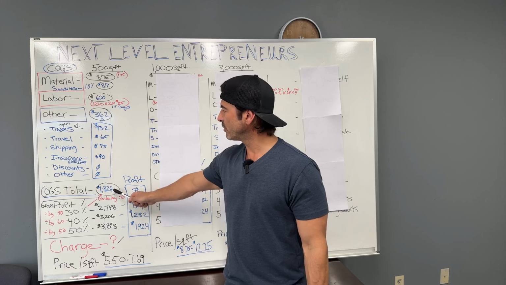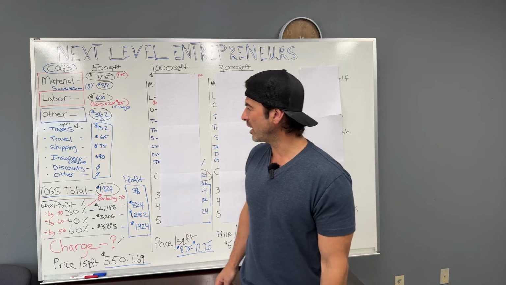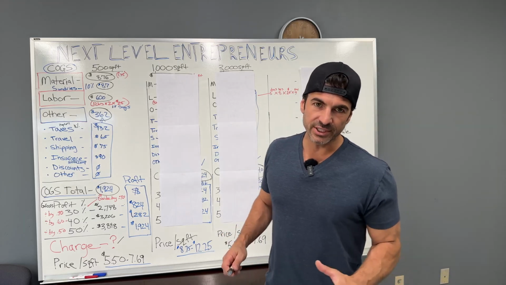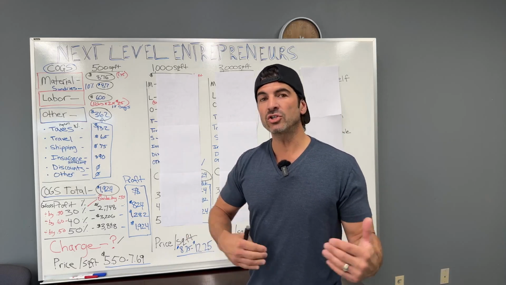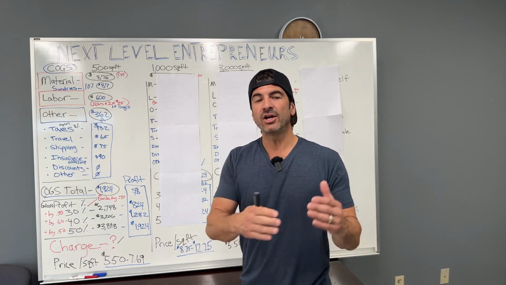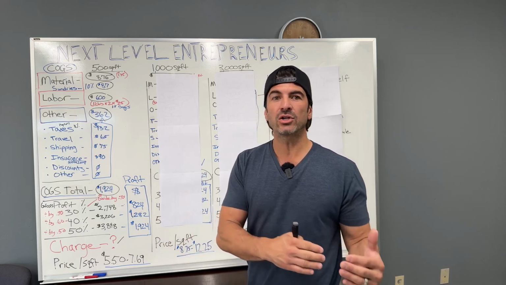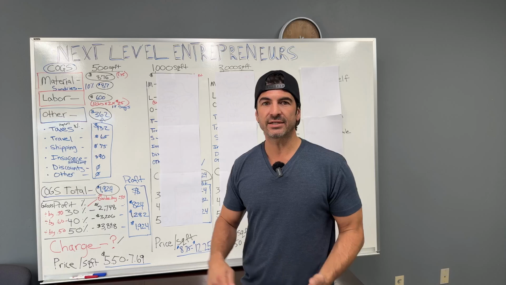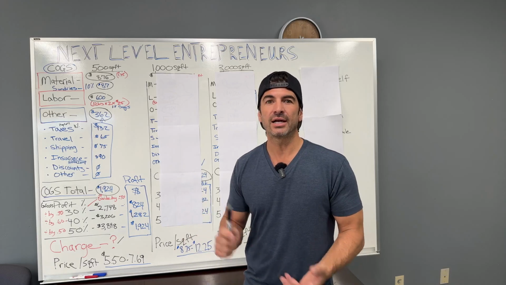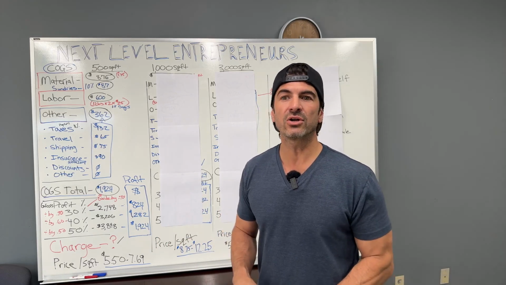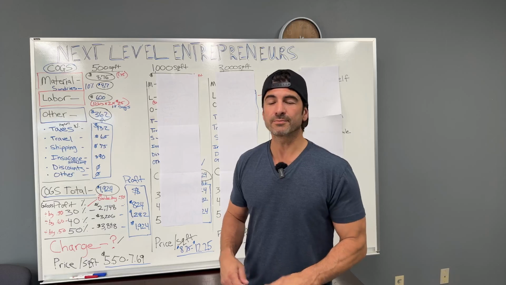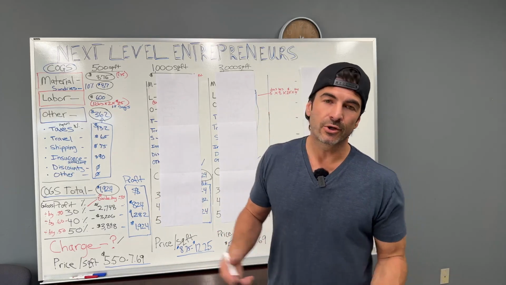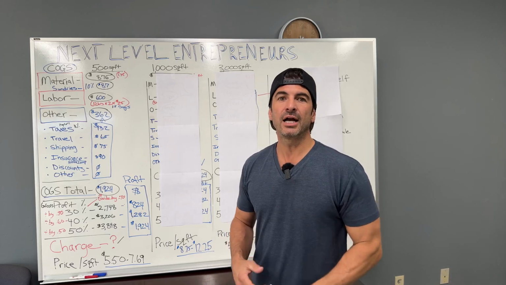So now, assuming we have $1,924 in total costs, where do we want to be with our profit margins? Now, typically in the contracting industry, a tradesman or someone in a contractor field that is a service-based industry. So if you're a tile setter, a painter, a concrete coating installer, resurfacing, concrete work, you name it, you want to be somewhere between 30 and 50%. 30% might be on larger jobs.